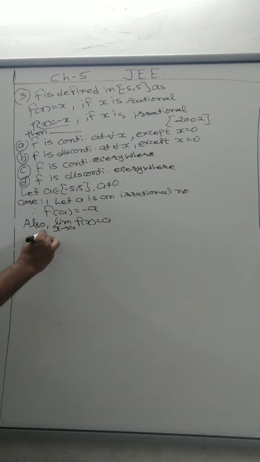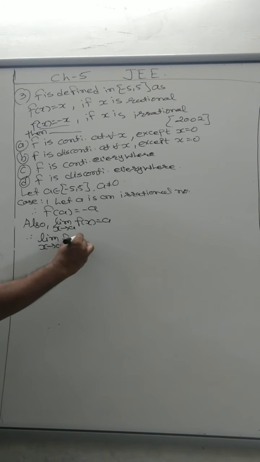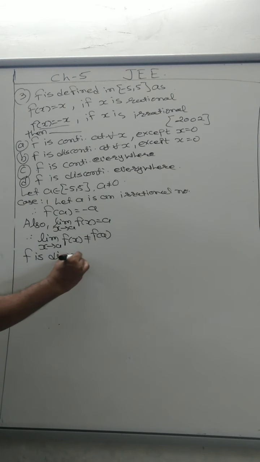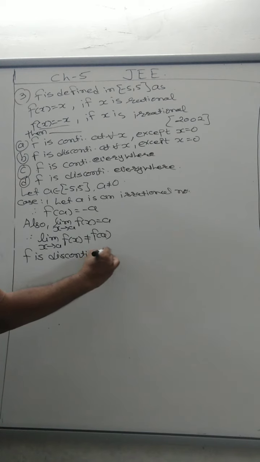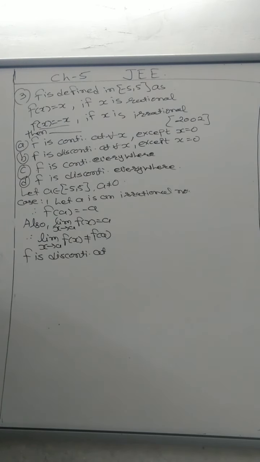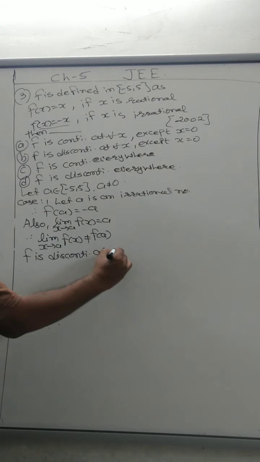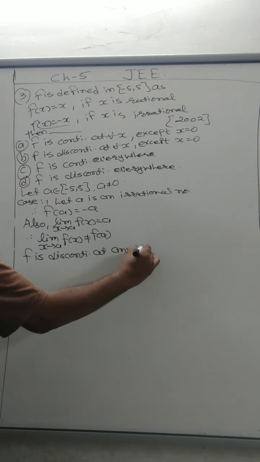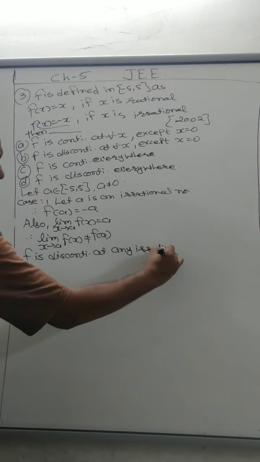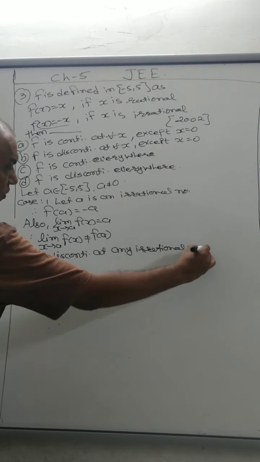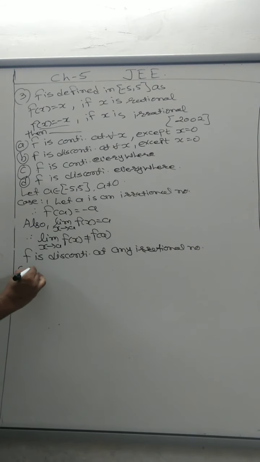So we can say that the limit as x tends to a of f(x) is not equal to f(a), and f is discontinuous at a, for any irrational number.